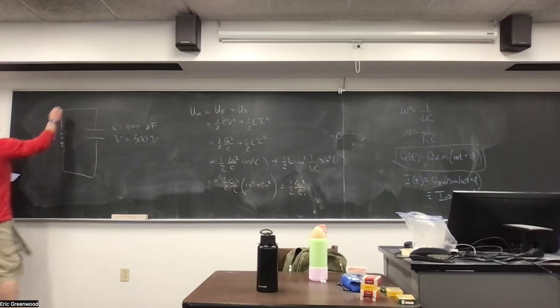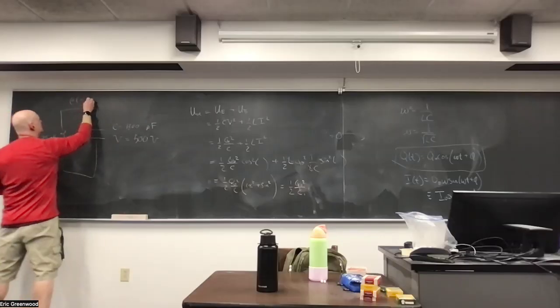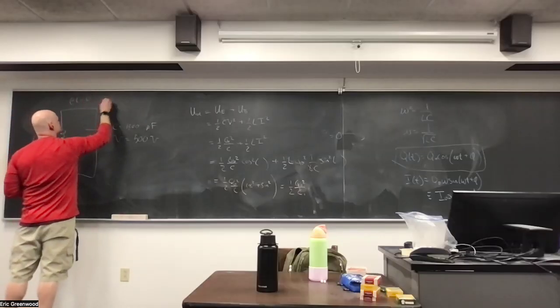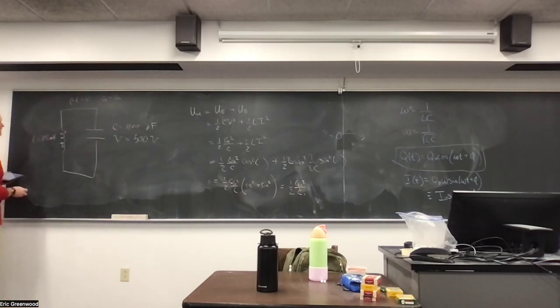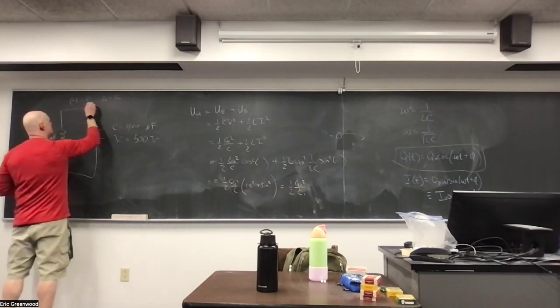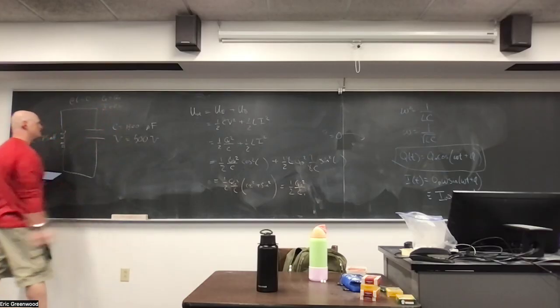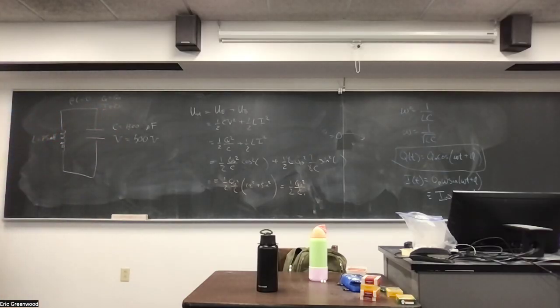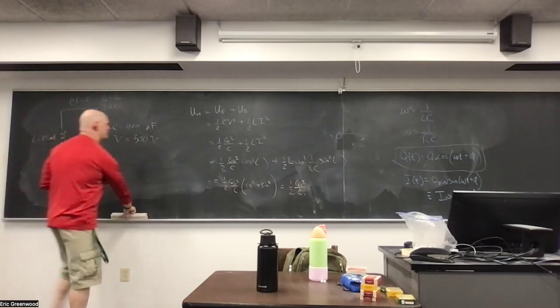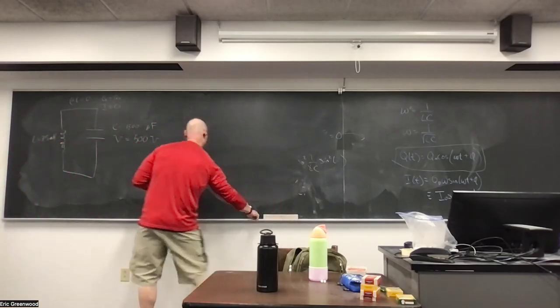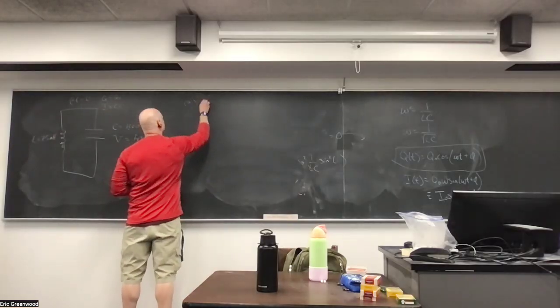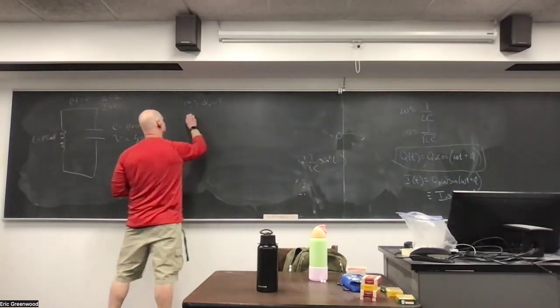All right. So at t equal to 0, my charge on the capacitor is equal to the initial amount of charge, which we'll calculate in a second. And then my current is simply equal to 0. So for part A, we want to know what is Q0.